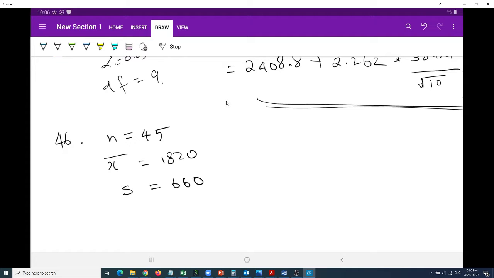To construct the confidence interval, what kind of distribution is this? This is a case where sigma, the population standard deviation, is unknown. When the population standard deviation is unknown, we use the t distribution.